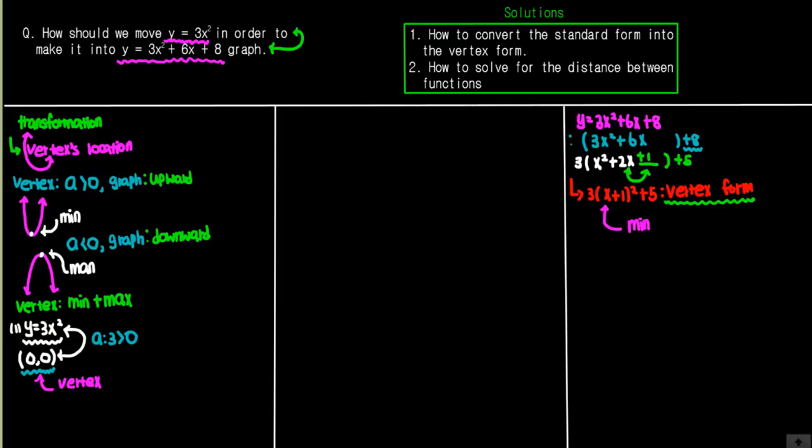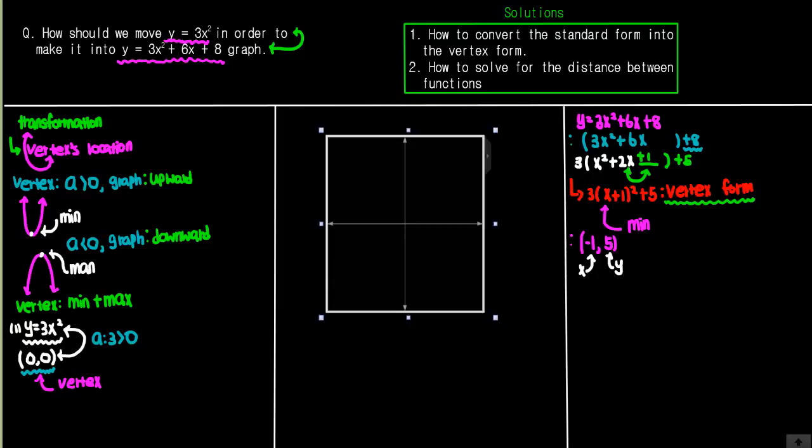And if you find our vertex, it will be (-1, 5), where the x value is equal to -1 and the y value is equal to 5. So if you see the difference between (-1, 5) and (0, 0), that will be our transformation. So let's write this.